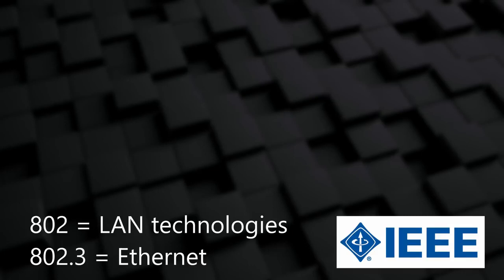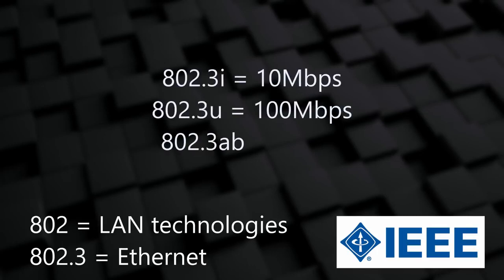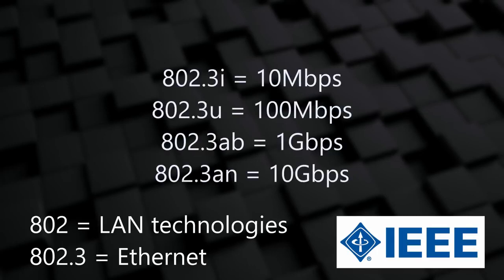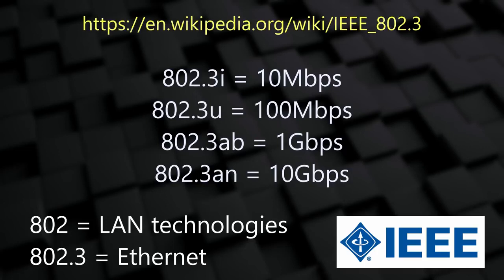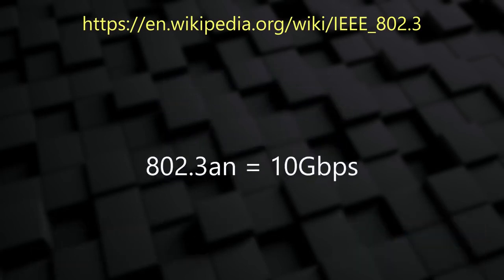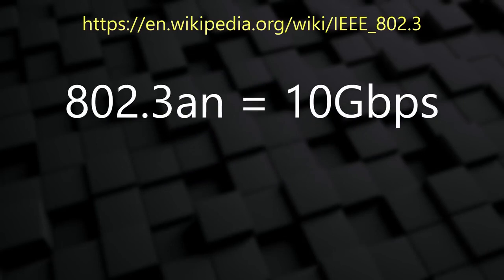Each of these is assigned 1 or 2 letters. For example, 10 gig Ethernet is 802.3an. If you'd like to see a full list of Ethernet standards, have a look at the Wikipedia page on IEEE 802.3. Codes like 802.3an can be tricky to remember, so each of these physical standards have friendly names, which are a bit easier to understand.